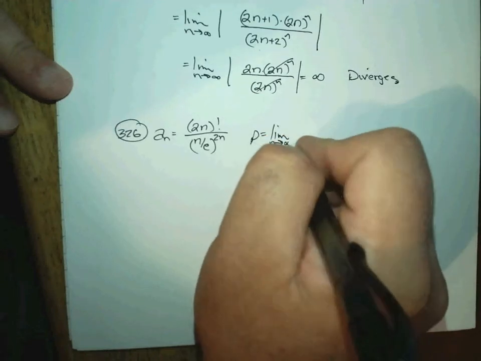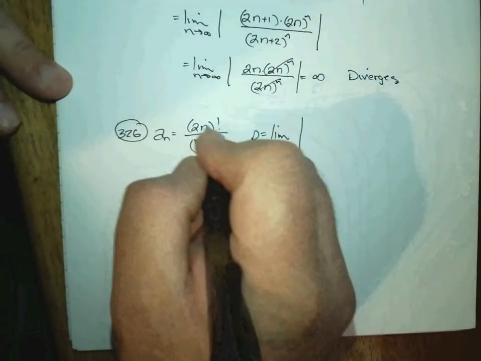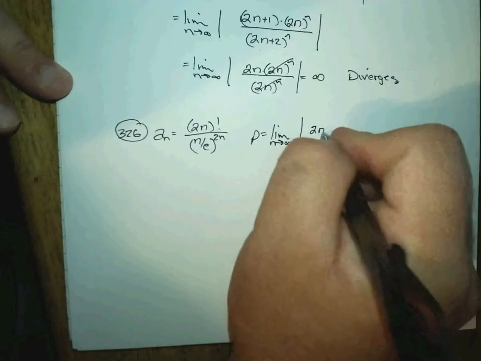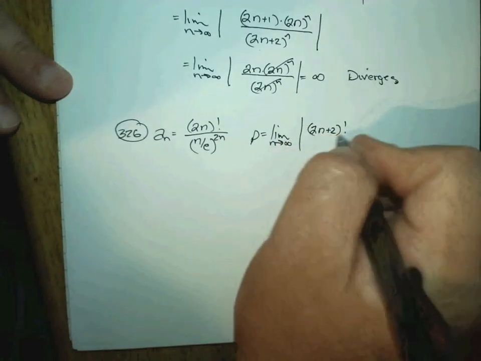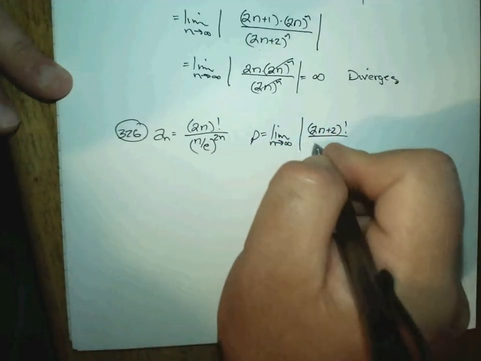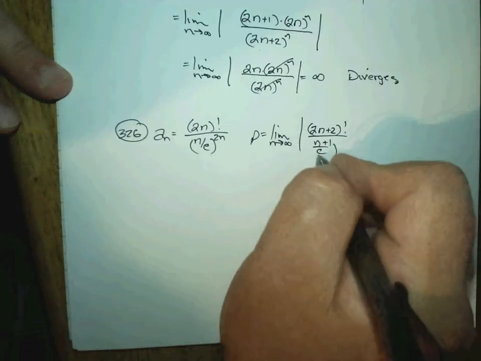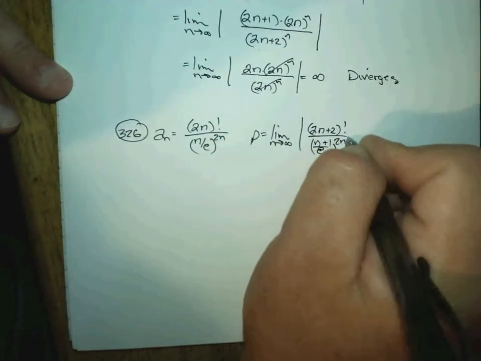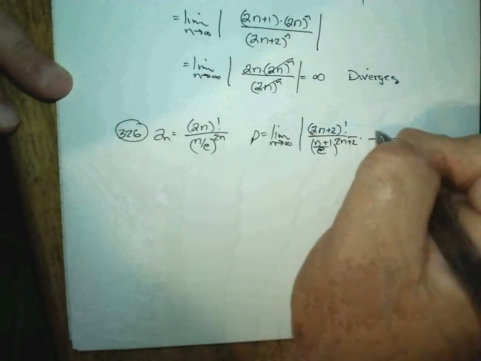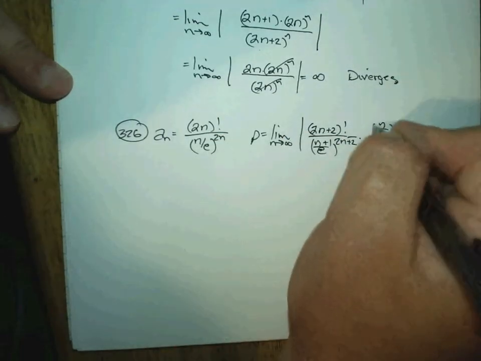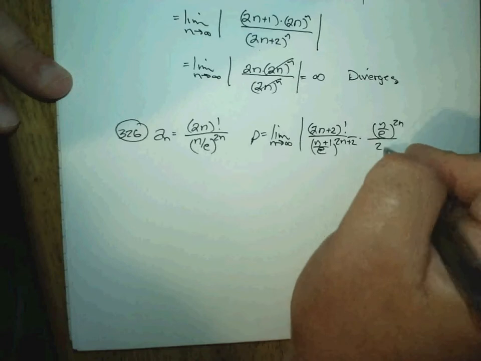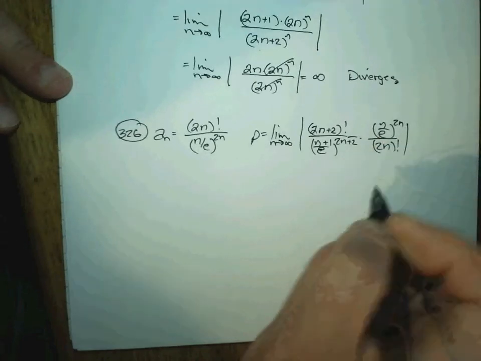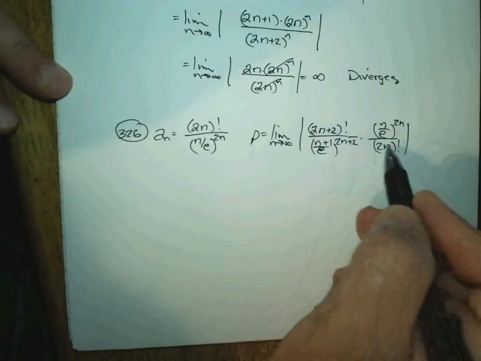So that means your rho is the limit as n goes to infinity of all this bumped up by 1. So 2n becomes 2n plus 2, n plus 1 over e to the 2n plus 2. And we flip this, and we get n over e to the 2n, and in the bottom 2n factorial.